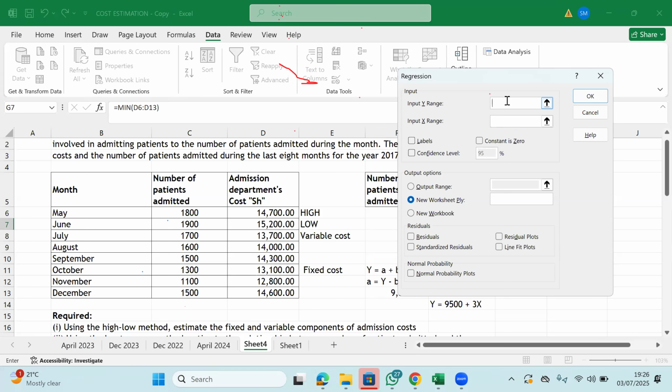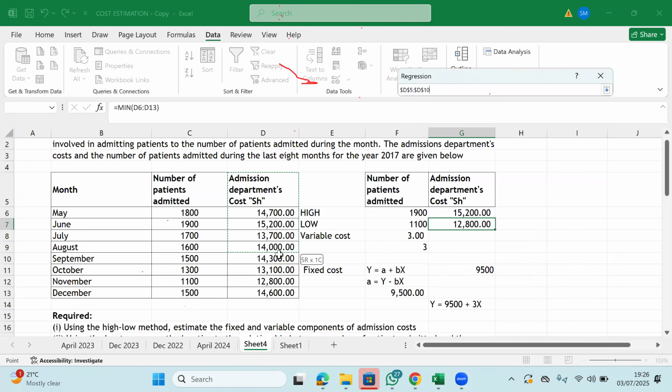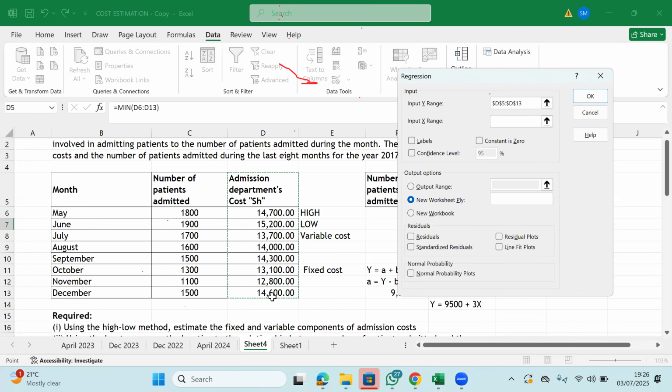So we can input our Y range. Basically, we know what our Y is. I think we've discussed that over and over. So our Y range basically is our admission department costs.